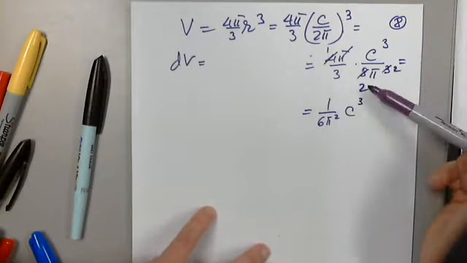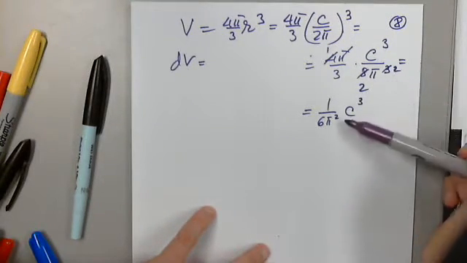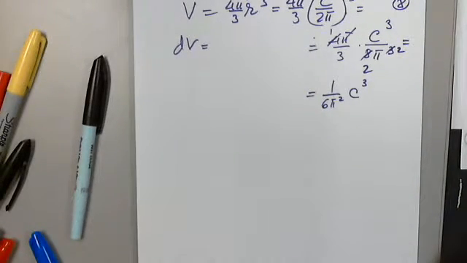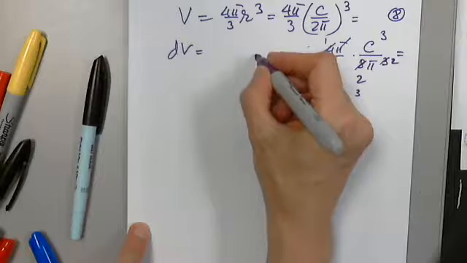Let me check. The 2, yes. The pi is squared, yes. 6 pi squared, C cubed. And only now I should determine dV, the differential of V. And remember, I have to have whatever times what?